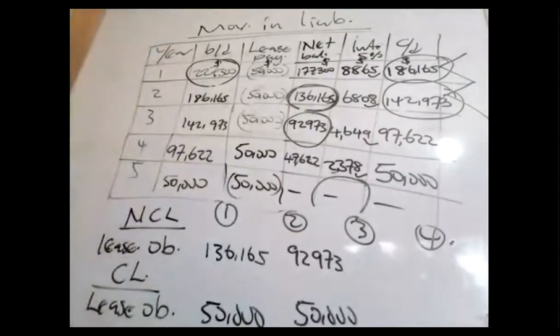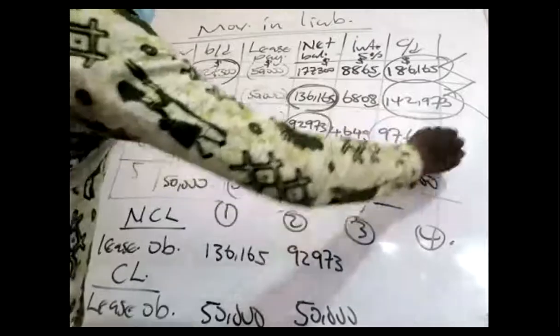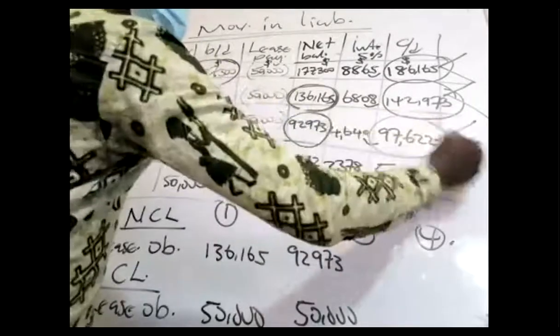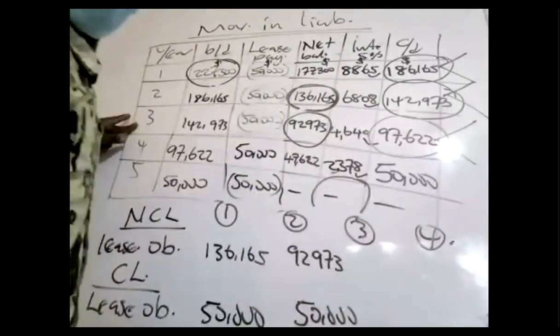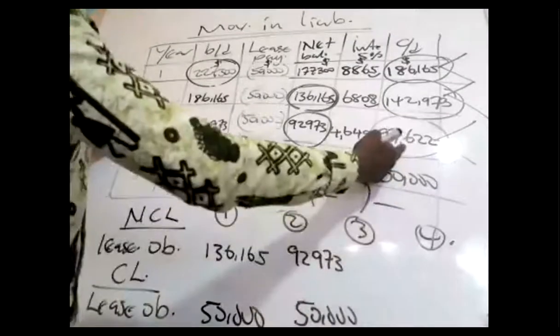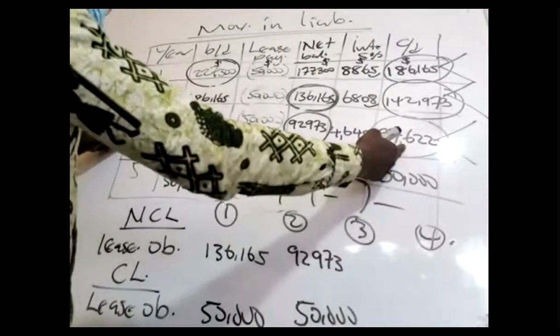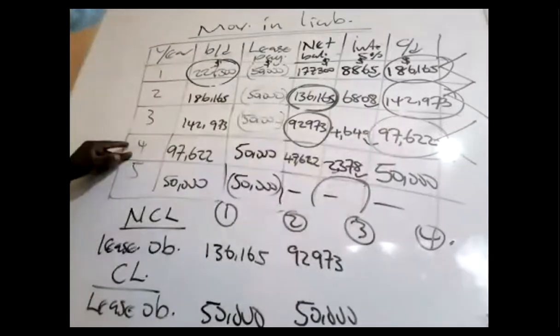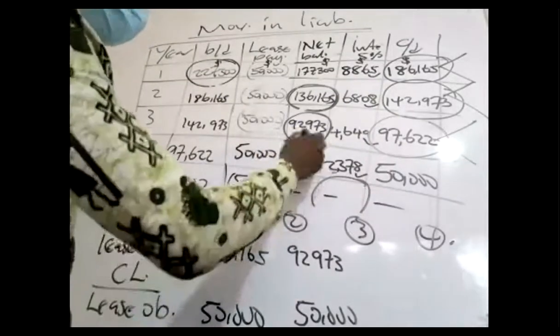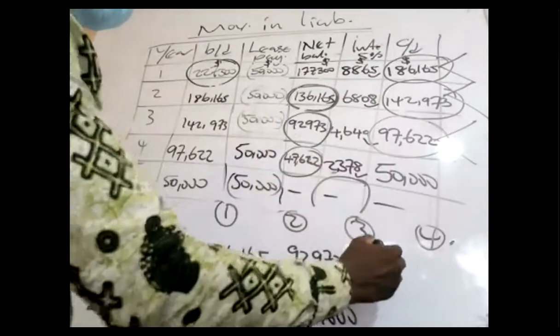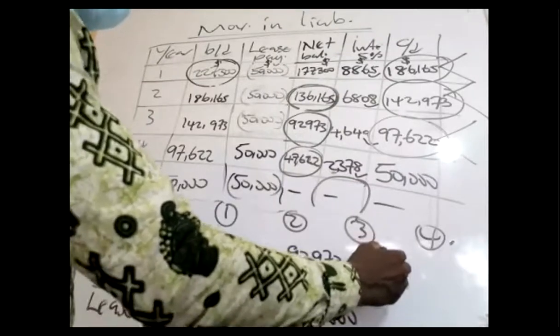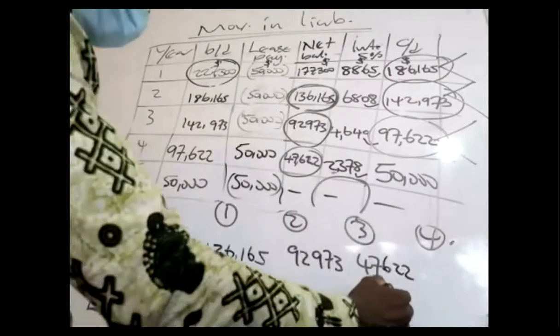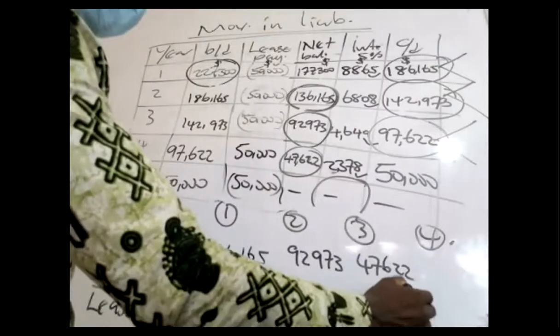Let's go to the third year. The total figure here can be divided into non-current and current. For the non-current portion, go to the next year: the balance left after the last repayment, which is 47,622. So the current becomes 50,000.